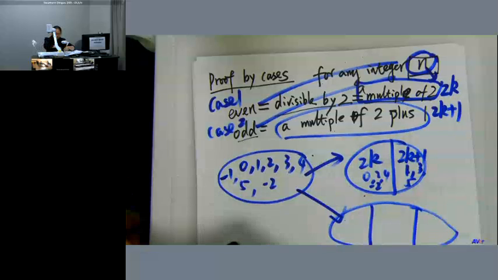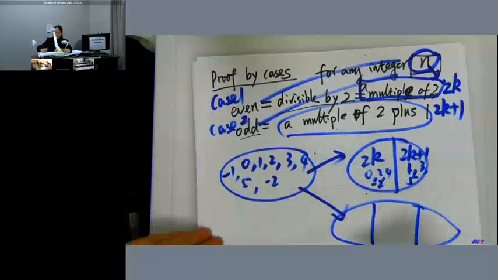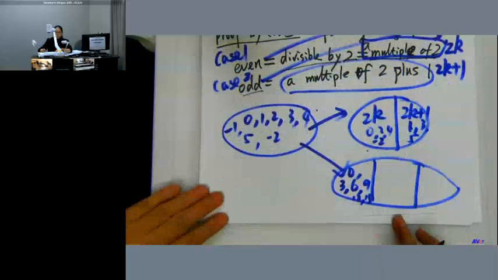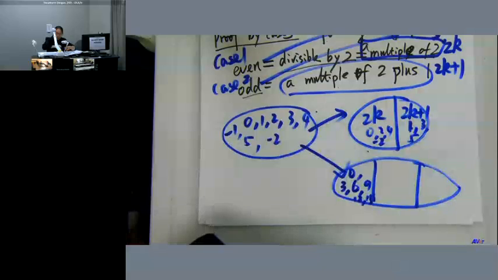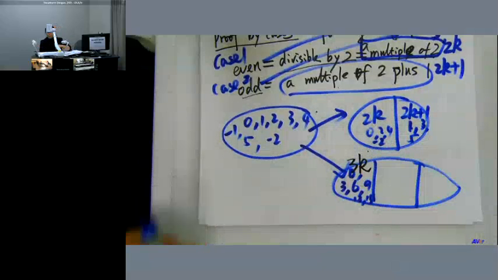if this integer is a multiple of 3, how do you describe a multiple of 3? Like those integers, 0, 3, 6, 9, 12, 15, all of these numbers, they are 3k. So if they are a multiple of 3, I can just use 3k to represent all these numbers.